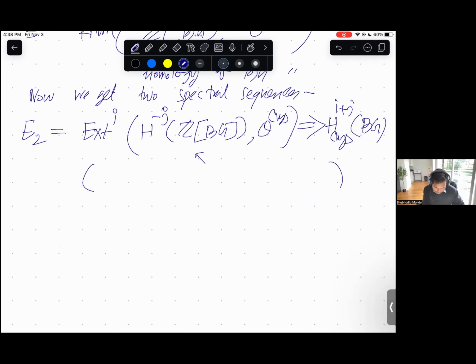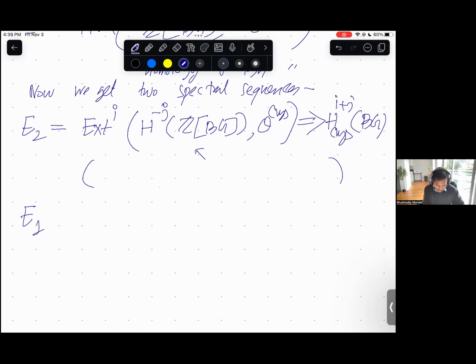So let's say we also get another spectral sequence. Let me write this down, which is also useful for making certain computations.